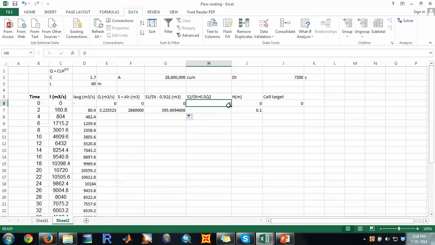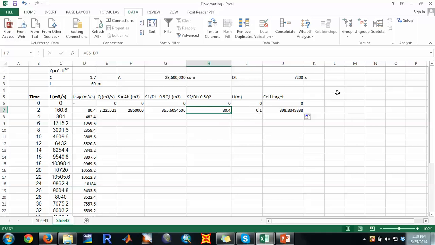Then calculate this one as this one equals S1 over dt minus 0.5 Q1 at time 1 plus the average inflow at this particular time. So with that you will have your S2 over dt plus 0.5 Q2, and at this point also from the equation you have the calculated value. So this value should correspond to this one.